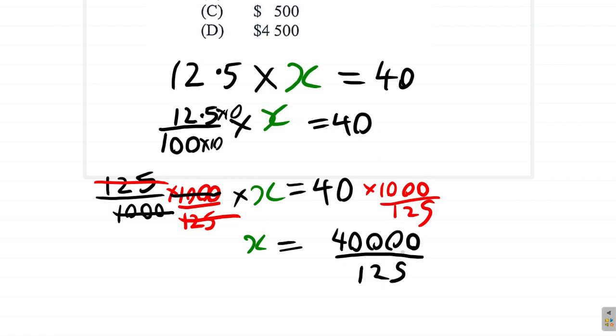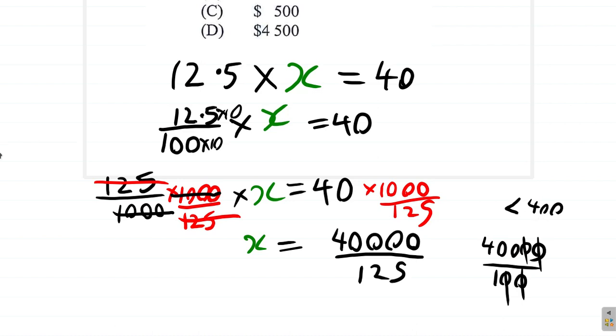Now, suppose it was 40,000 divided by 100. What would happen? We would have 400. But being divided by 125, a bigger number, this should be less than 400. So the answer should be a bit less than 400.